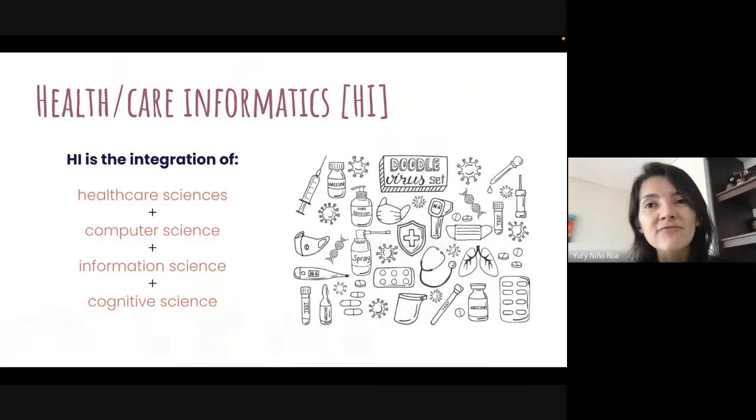However, healthcare informatics tends to focus more on the people and processes that manage the technology and data, while health informatics focuses more on the development, maintenance, and use of technology and data. In summary, healthcare informatics is defined as the integration of healthcare science, computer science, information science, and cognitive science to assist in the management of healthcare information.